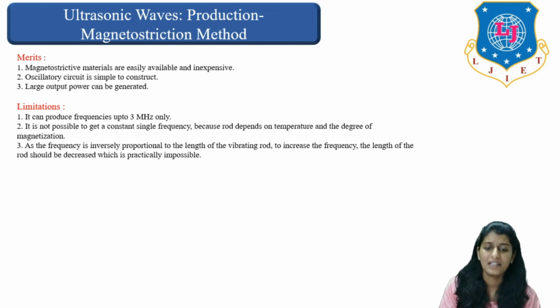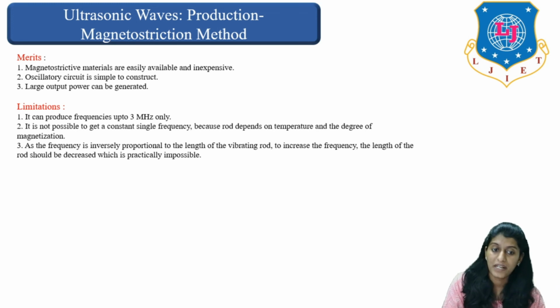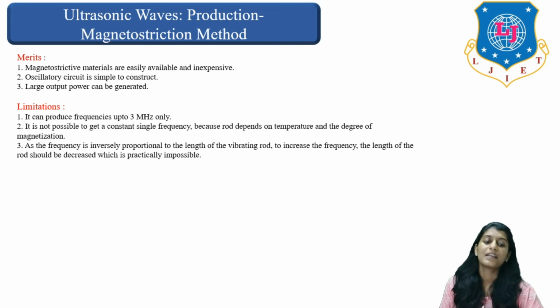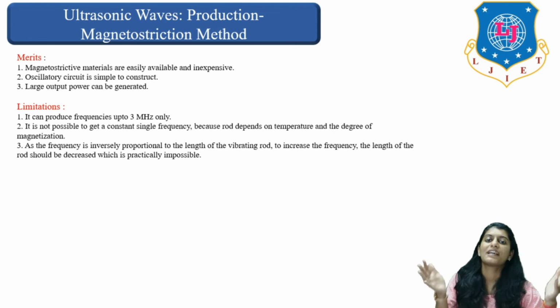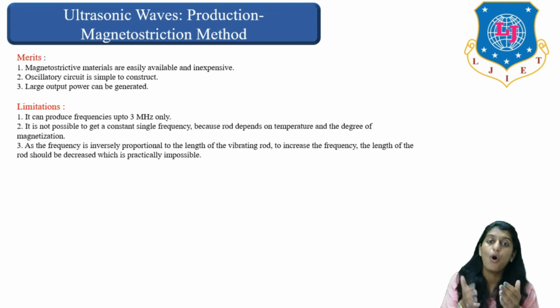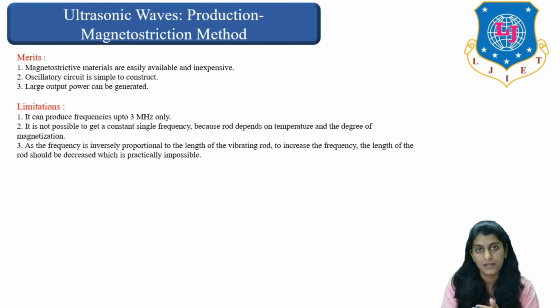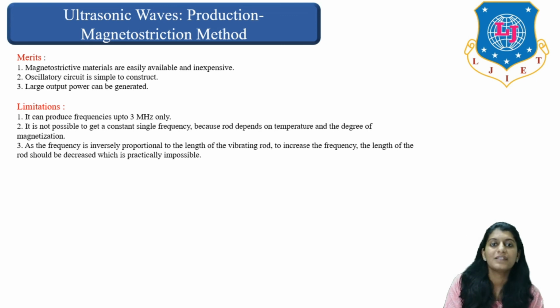And third, as the frequency is inversely proportional to the length of the vibrating rod, to increase the frequency the length of the rod should be decreased, which is practically impossible, right? We cannot decrease the length of the rod beyond a certain limit. So this is the biggest disadvantage for this method.